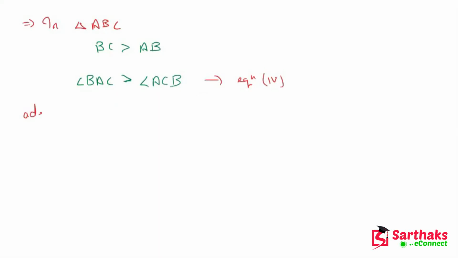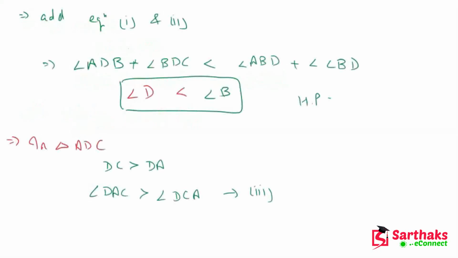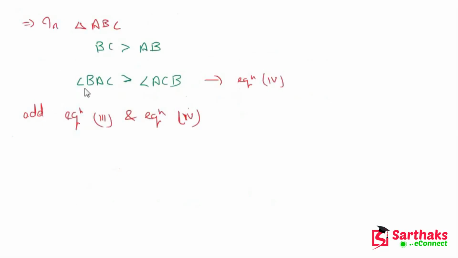Now add equation 3rd and equation 4th. What is equation 3rd? Angle DAC. Now if we add angle DAC plus angle BAC, it is greater than angle ACB plus angle DCA.